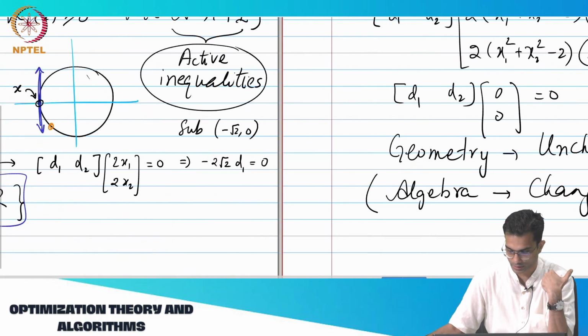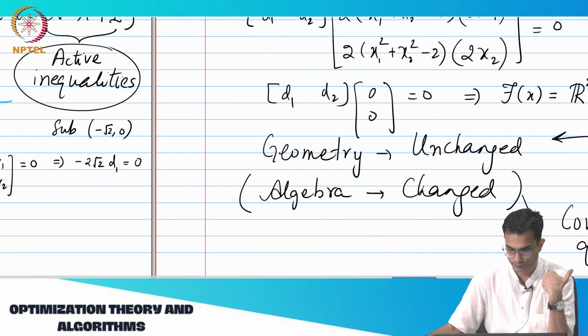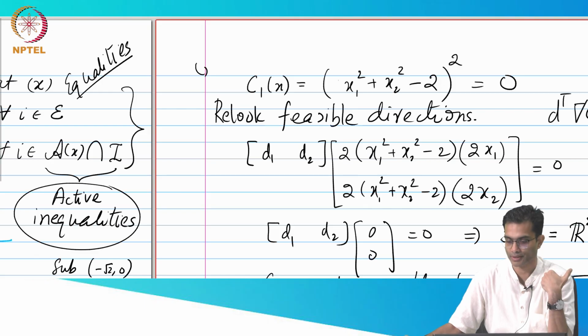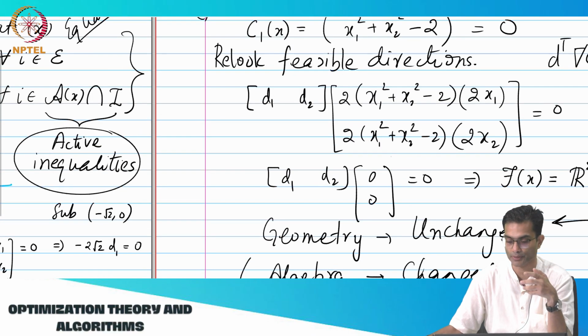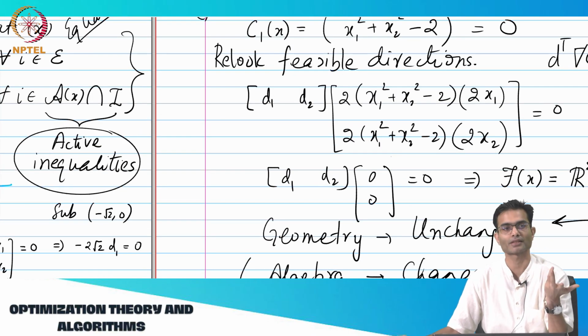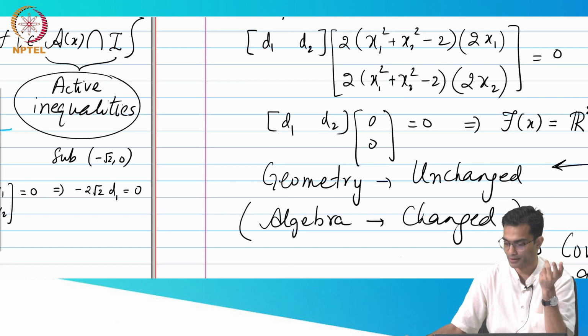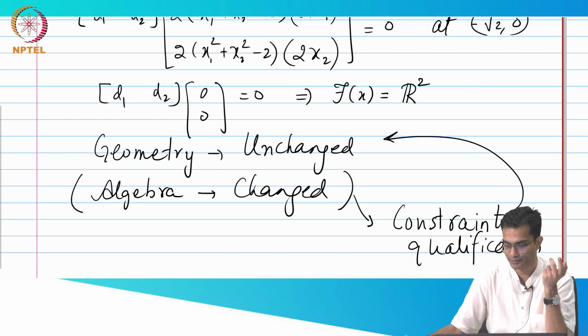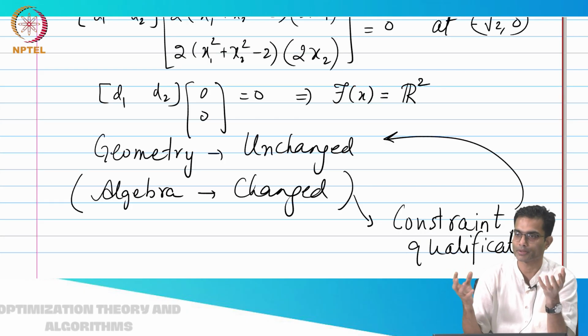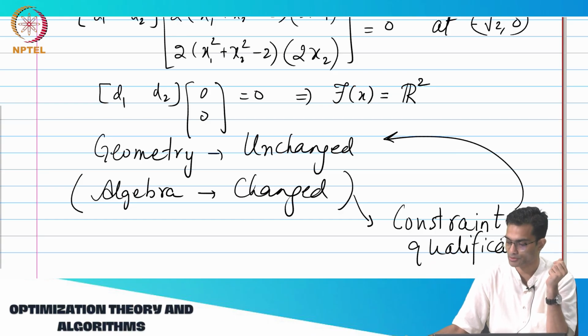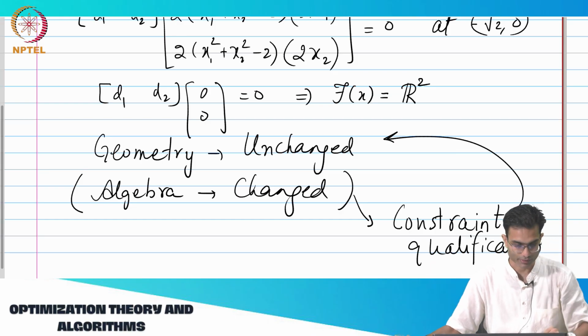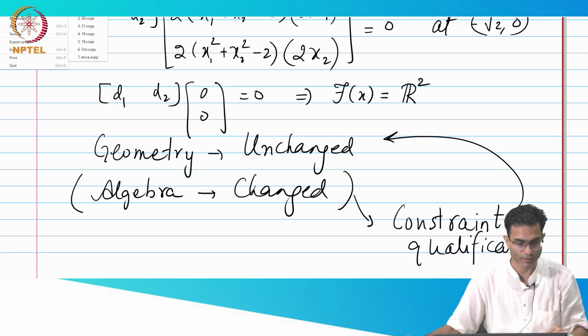So for example, in here we took the constraint specified as square of something, and when I took square of something and I tried to calculate the feasible directions, I landed up in trouble. I found out that any direction was feasible, whereas actually that's not the case. So we ended this previous section by saying that we need something extra to bring algebra and geometry into sync, and that something extra is called constraint qualification. Okay, so now let's go a little bit deeper into it.